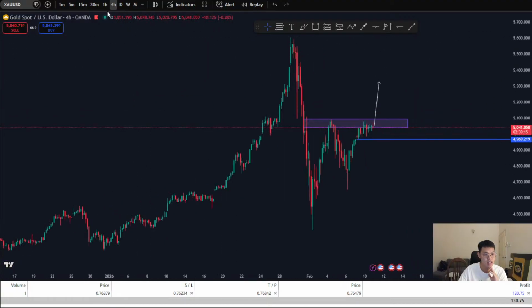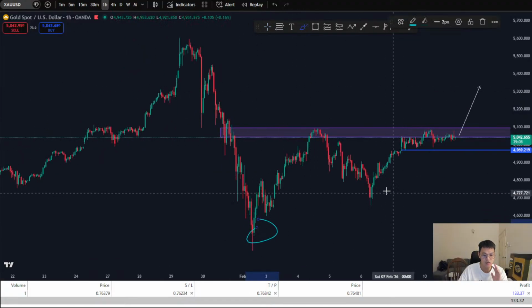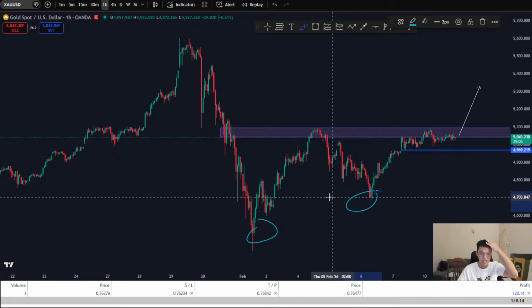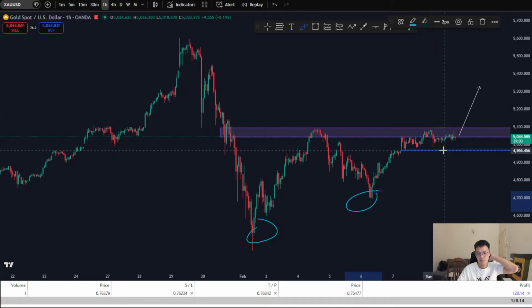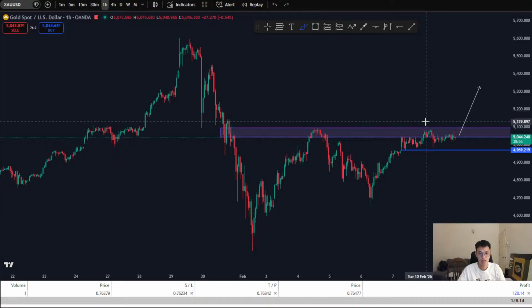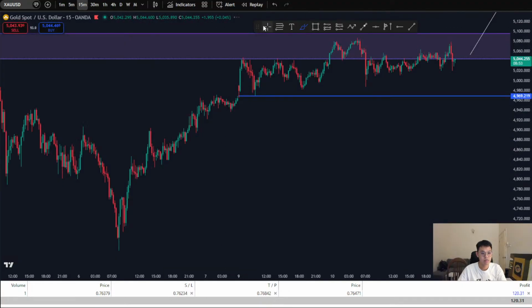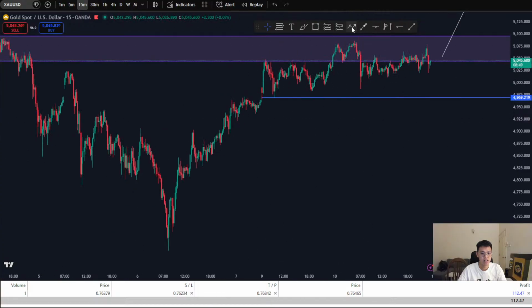The second thing, in the 4 hour chart and the 1 hour chart, we can see that here is the higher low. This is the feature of the uptrend structure, so the price has a higher probability to break this resistance level and then go up.